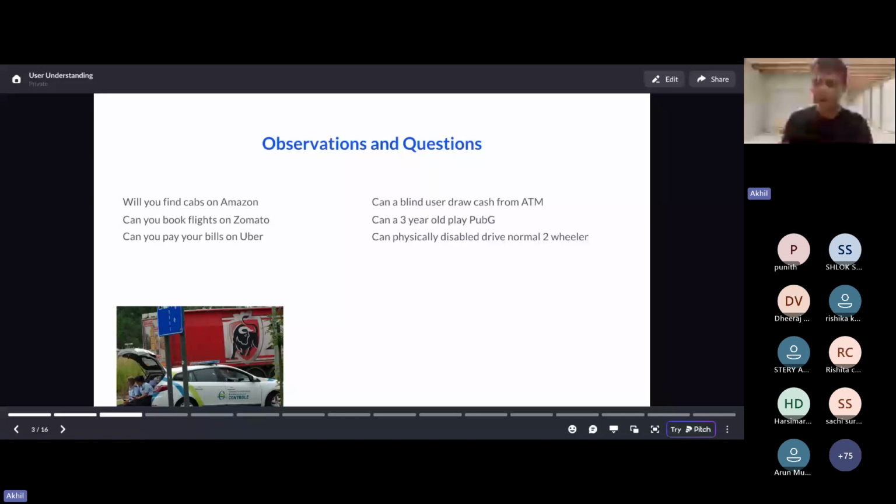TOMA is something which is known as top of the mind awareness, right? If you want to buy online, you would have the recall of Flipkart, Amazon. You would not have the recall of Paytm Mall or, I would say, random D2C products as well, right? So it's all about that top of the mind recall awareness, whether the users would come to your product or not, or how much money you would invest in the users to bring them to your platform, right?